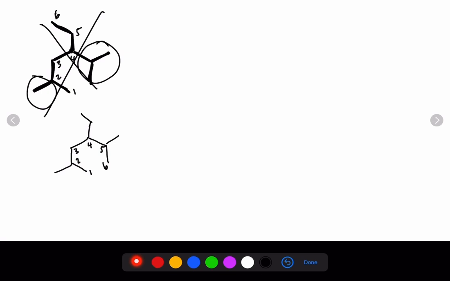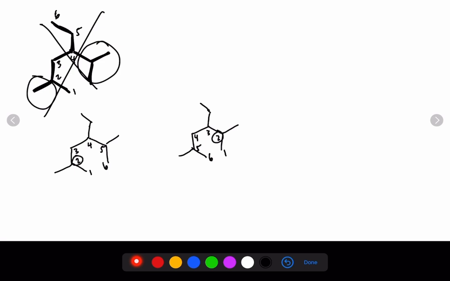This is why it's important to make sure you choose the right chain and not the first one you see. It's not always going to be given to you in a nice horizontal format like the molecules above. Now, for numbering, let's check if this is the correct way to number or if we need to reverse the order. In both ways, the first branch comes on the 2nd carbon.